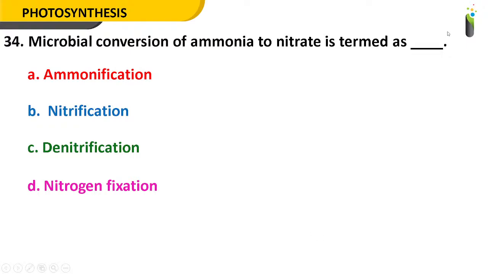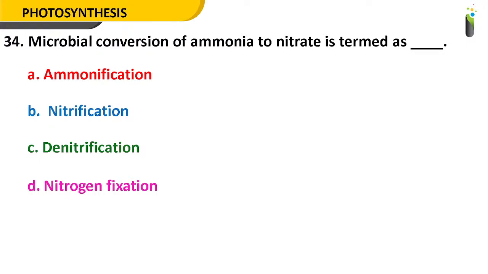Now you may feel that this question is not really directly related with photosynthesis, but it is, because ultimately these nutrients, the nitrates, are going to be utilized by the plants, because plants need nitrogen and they can utilize nitrogen only in the form of nitrites and nitrates. So indirectly it is related with the plants and hence with photosynthesis.